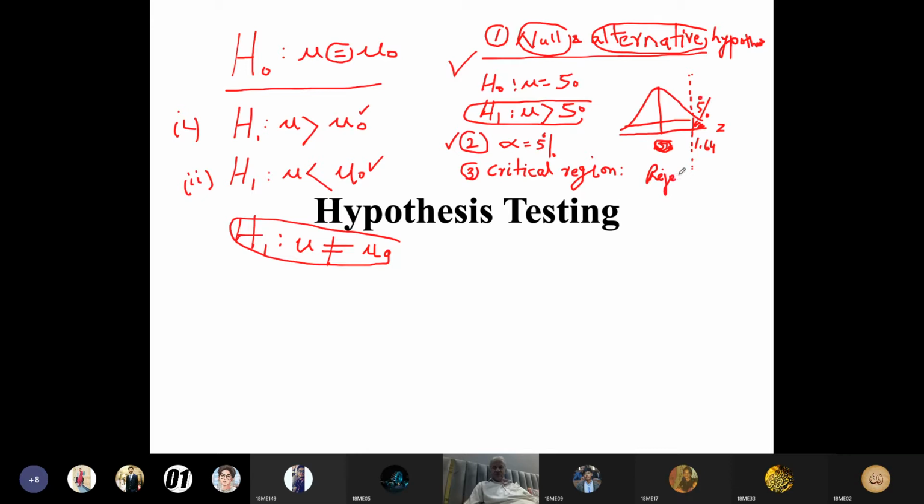And here we say that reject the null hypothesis if the test value you are going to test, Z, is greater than 1.64.